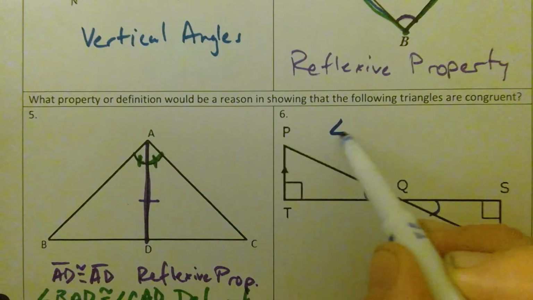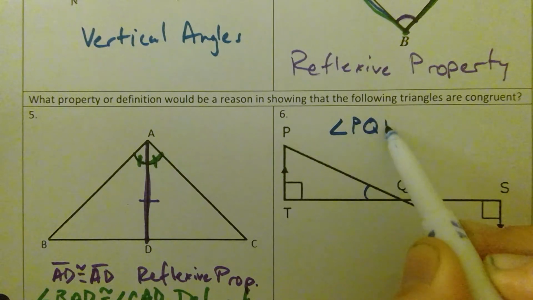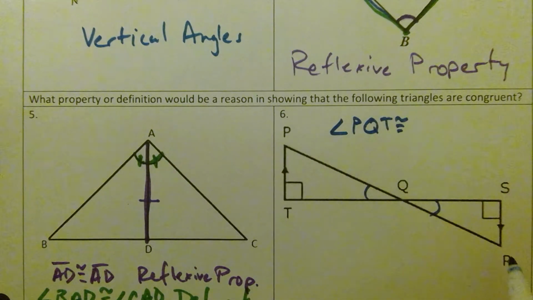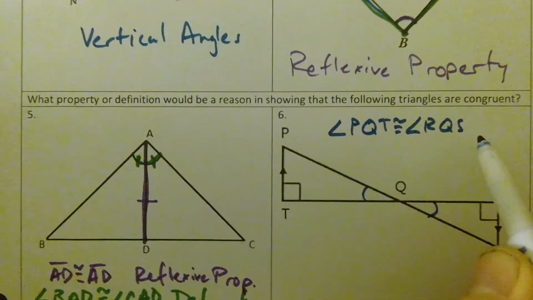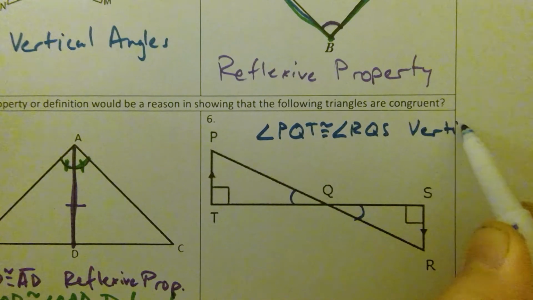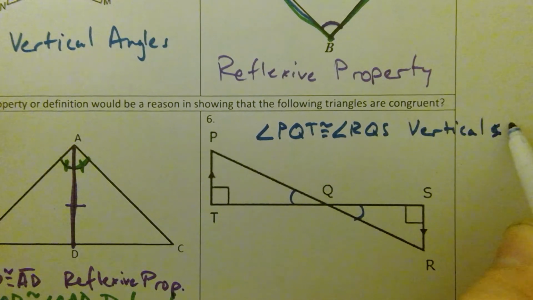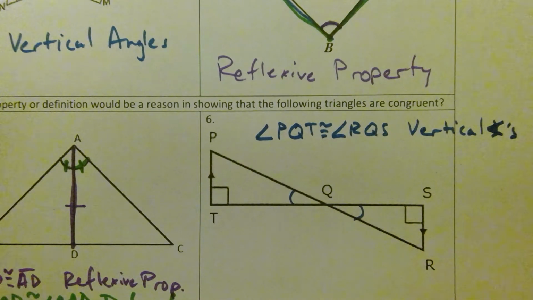So let's label them. Angle PQT is congruent to angle RQS. And we said that those are vertical angles. Okay, so there's a pair of vertical angles.